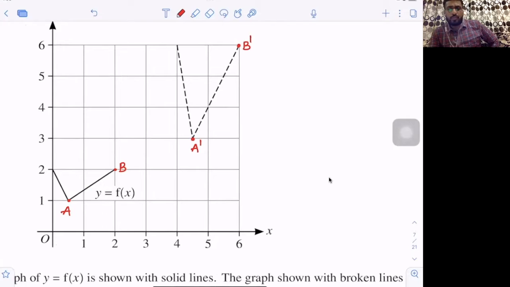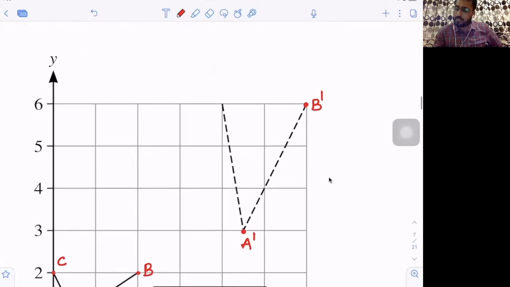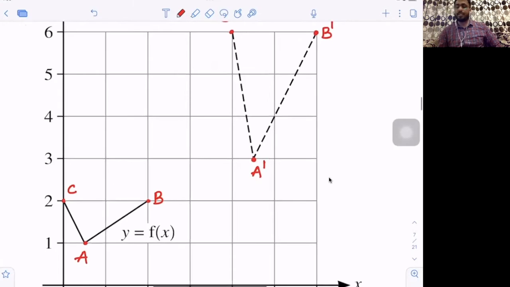If you want, you can name this point C, and then this point would become C prime. You can get the equation of AC also. AC and A prime C prime, it does not matter, students. It does not matter whose equation you get. You can get the equation of AC and A prime C prime, or the equation of AB and A prime B prime. And from there, you can use the concepts of transformations to understand what two transformations are utilized here, so that the graph of y equal to f of x gets transformed into the broken lines.